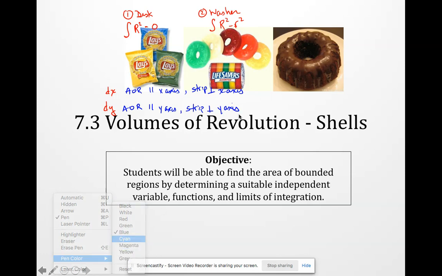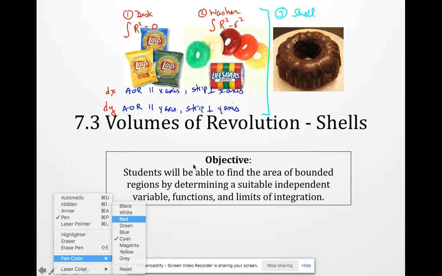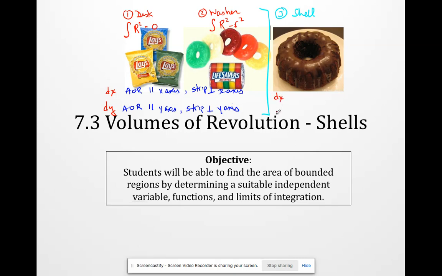For shells, it's going to be flipped. Shell method, or the bundt cake method, you also are going to have dx and dy, but this time your axis of rotation is perpendicular to the x-axis, and the strip or the slice that you make is parallel to the x-axis.